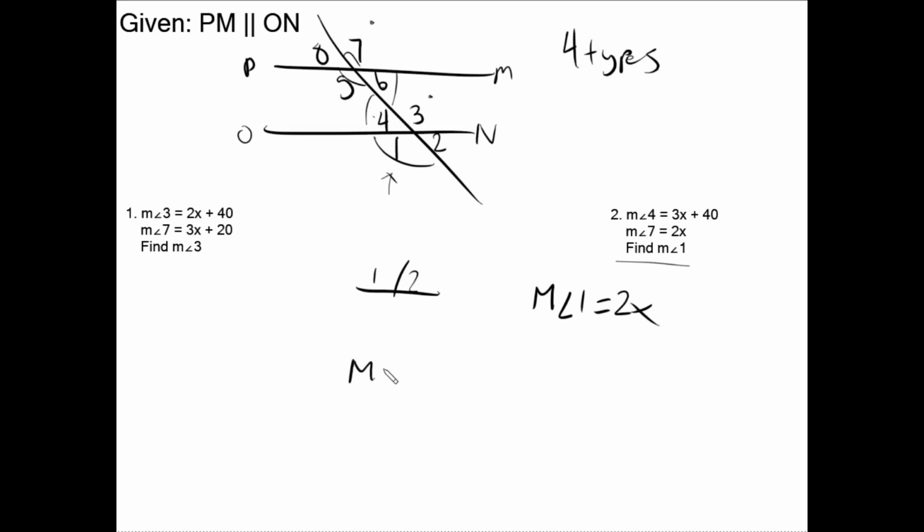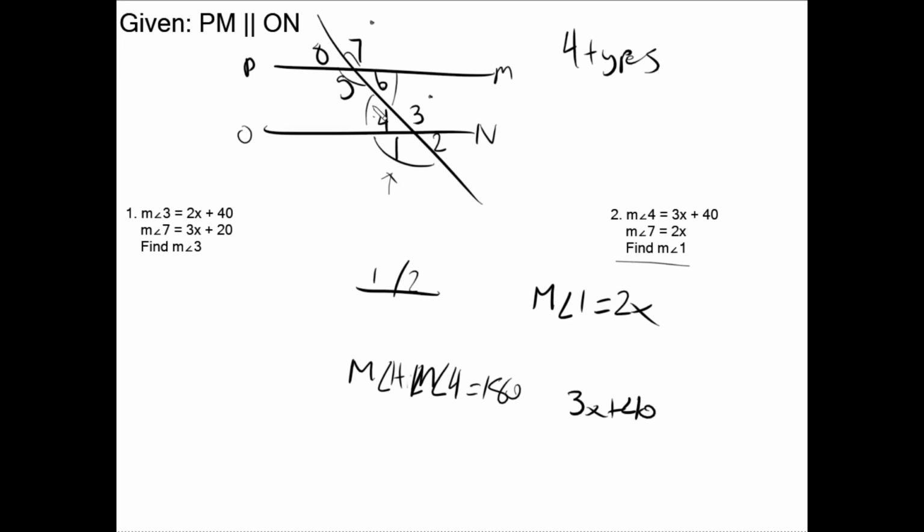So measure of angle 1 plus measure of angle 4 equals 180. Sorry, it looks a little weird. So we have 3x plus 40, because that's measure of angle 4.